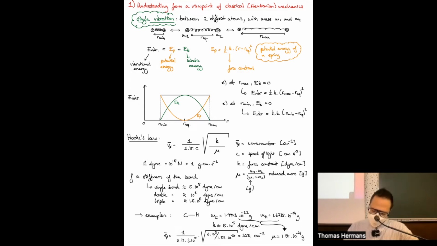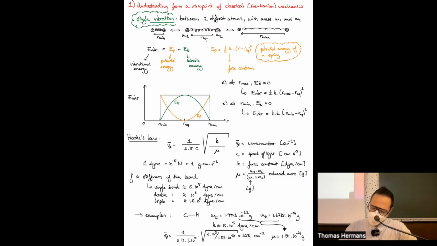All right, let's write this down: potential energy, EP, and kinetic energy. This is the same as if you have a weight and you lift it up, it has a high potential energy but no kinetic energy. If you release it, potential energy is converted to kinetic energy. High school physics. Same thing here.